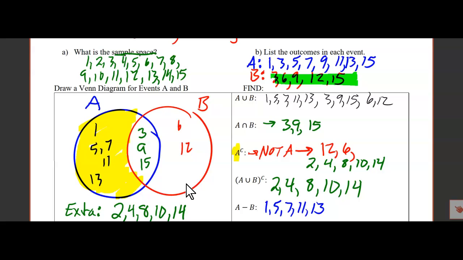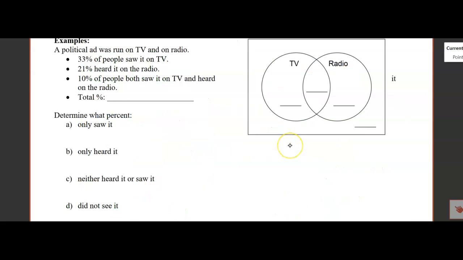All right, does anyone need a minute on this? So this problem is a percentage problem. The numbers you're given are in percentages, okay? If I'm talking percentages, which I am because there's percent signs, what is the number I use for the total percent?